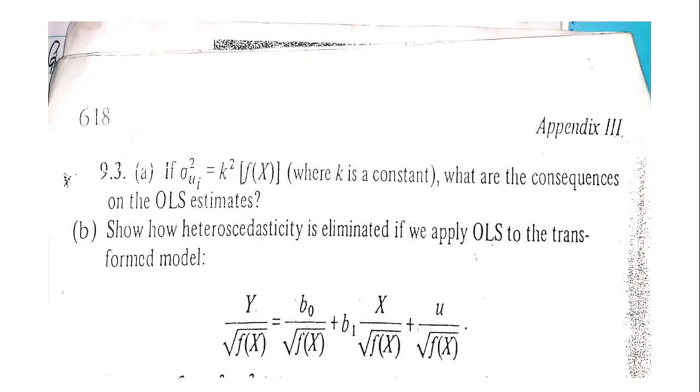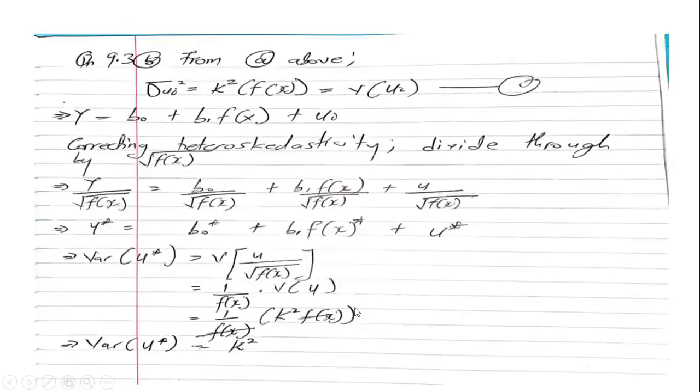We are being asked to show how heteroscedasticity is eliminated if we apply the OLS transformation to this model. So now let's walk through the solution. From A above, this is what was given, and this whole expression is the variance of ui. You can see the variance of ui here is not constant, so it's heteroscedastic.